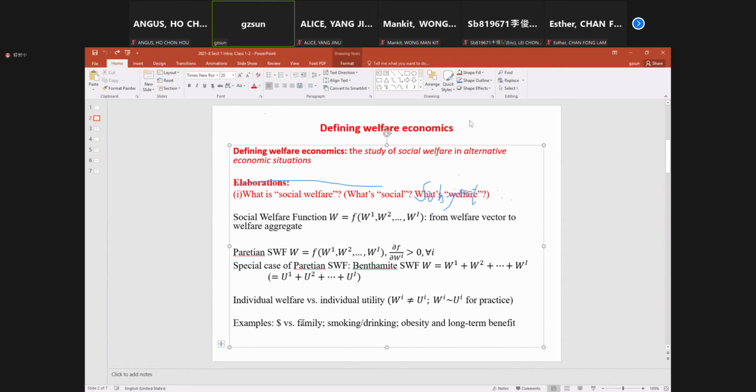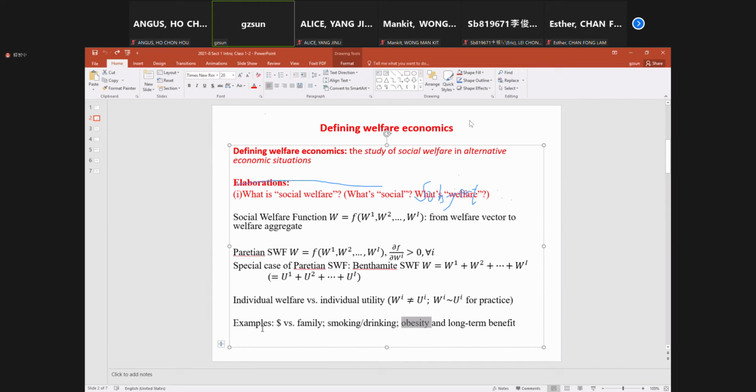You can imagine or give more examples to help yourself understand. In many situations, welfare and utility are not the same thing. But now let's think more carefully about the smoking and overeating matters.